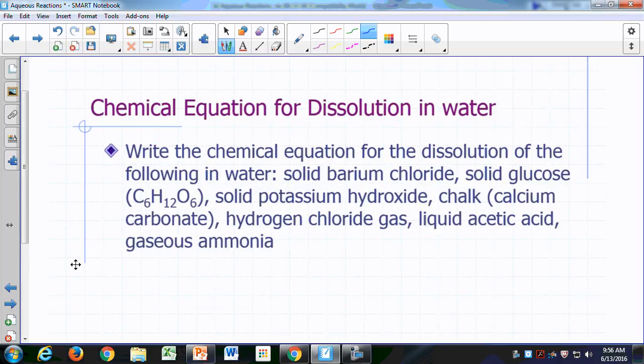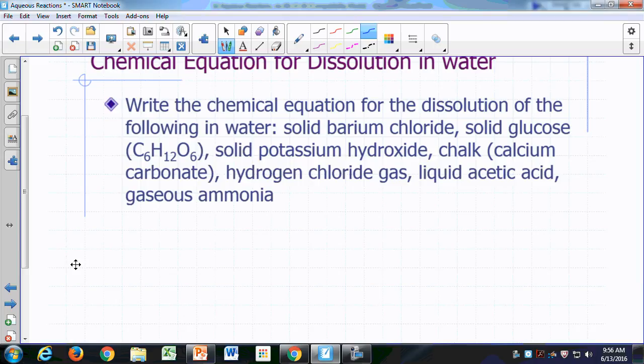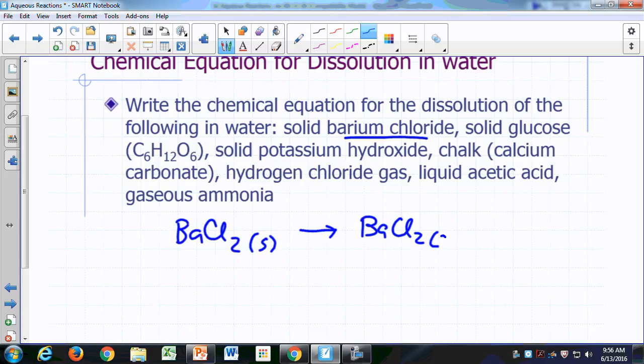Okay, so let's look at a few examples here. Let's look at the chemical equation for the dissolution of solid barium chloride. So you have BaCl2 solid, right arrow, BaCl2 aqueous. That's your molecular equation. It's called a molecular equation because it's as if that barium chloride is made up of molecules instead of ions, the way you've written it.